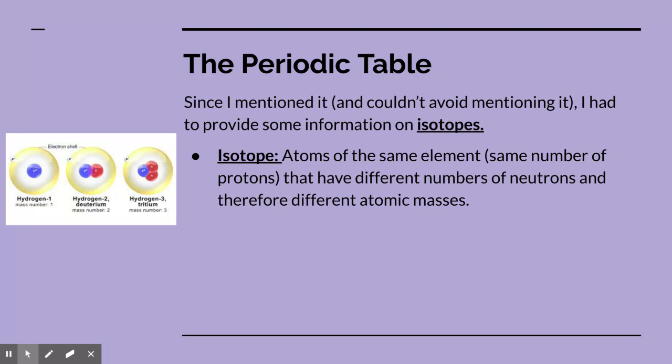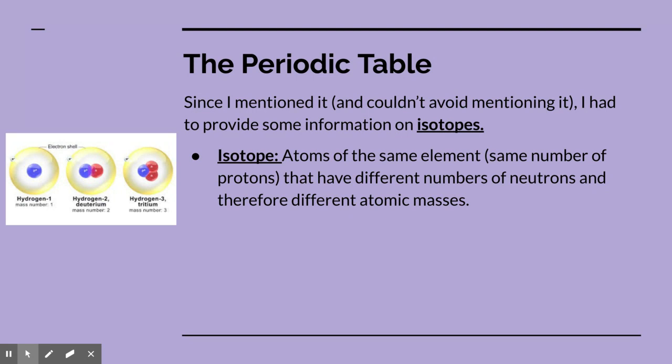So like in that picture over there to the left on my slides, these are different isotopes of hydrogen. So the one that you find most often is hydrogen 1, but you can have hydrogen 2, which has a proton and a neutron in it, and it has a mass number of 2.